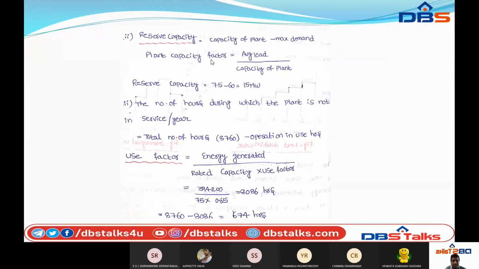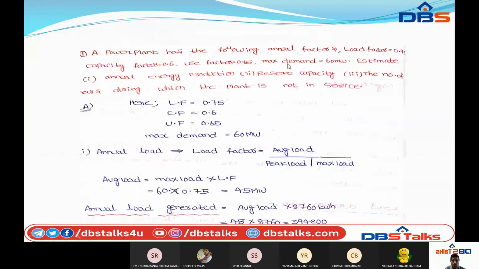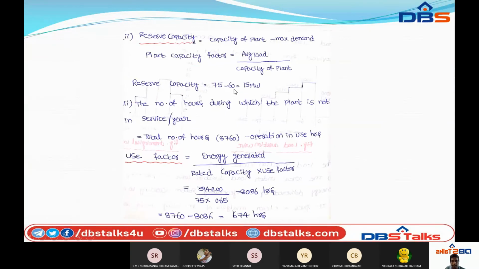We already know that capacity factor is the ratio between average load and capacity of plant. That is E by C into T. E is the energy produced in an hour, C is the capacity of plant, T is the time the plant is in operation. Reserve capacity can be found using capacity of plant, which will be given in the problem. Capacity is directly related to load factor. 75 minus 60, where 60 is the maximum demand.